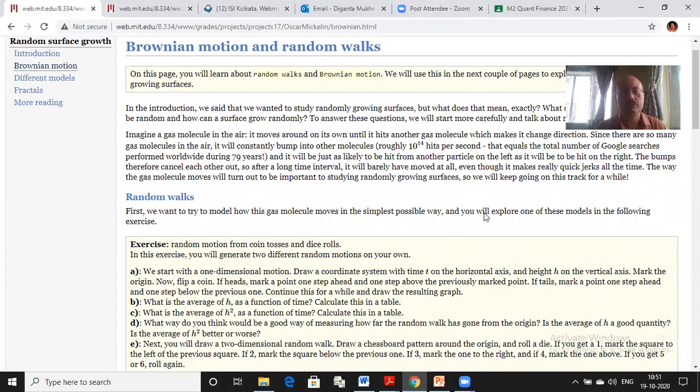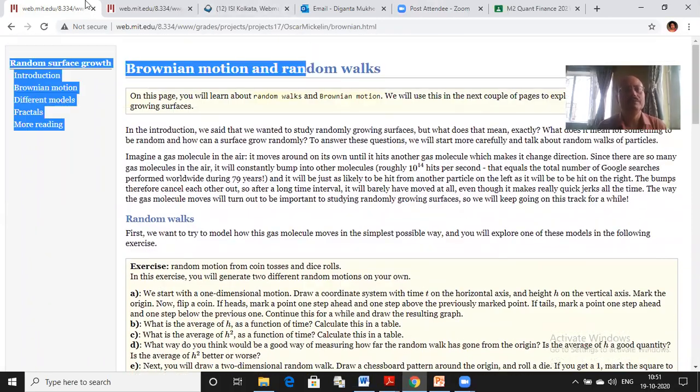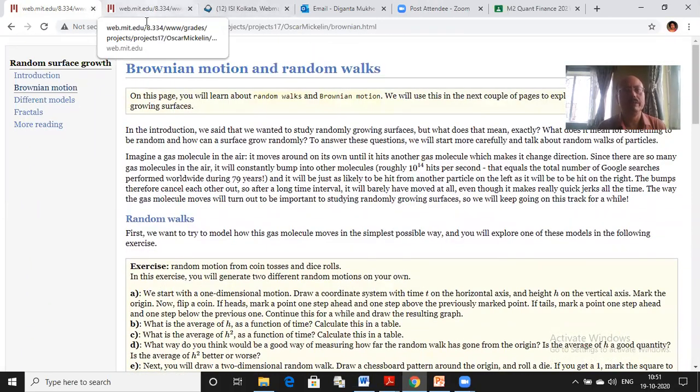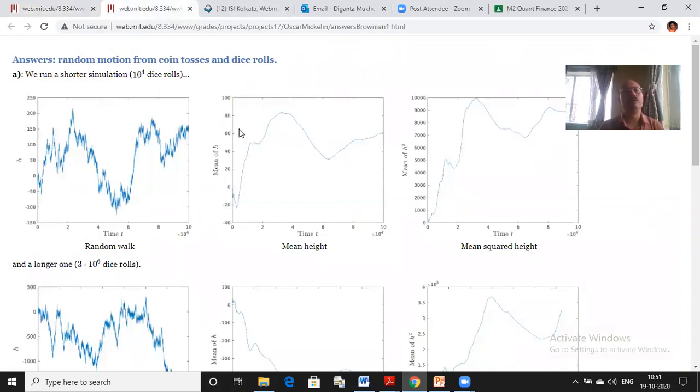The background is not so important. What is more important and what is very interesting is how do Brownian motions look like. So these are simple examples using the coin toss experiment.